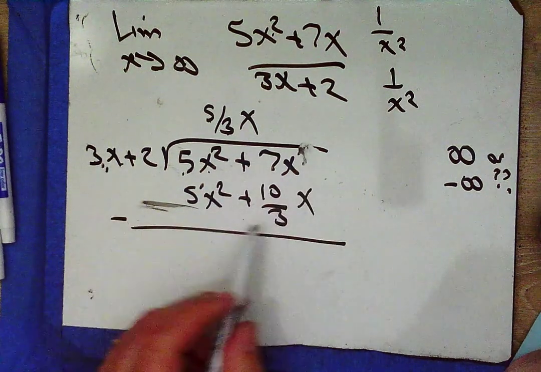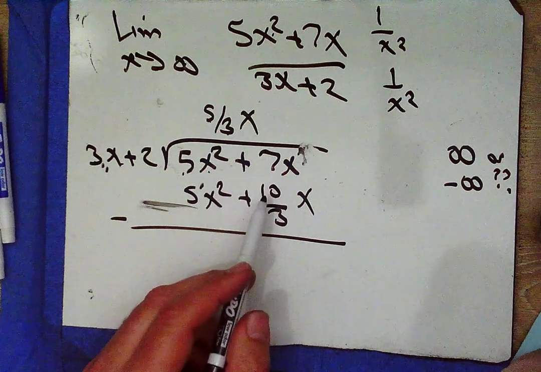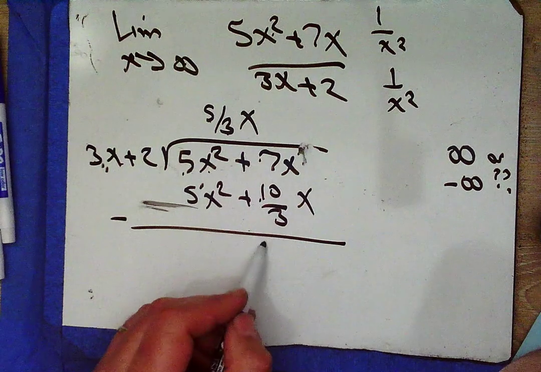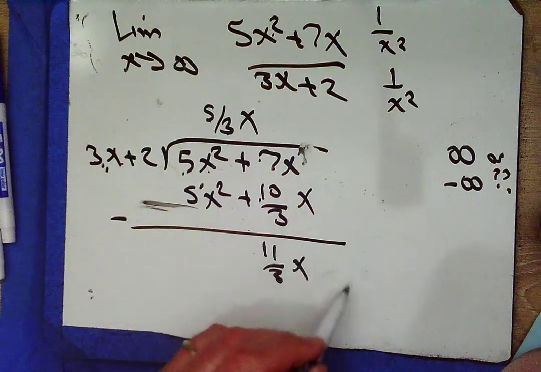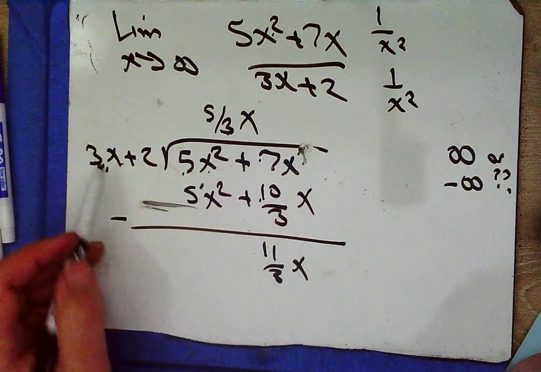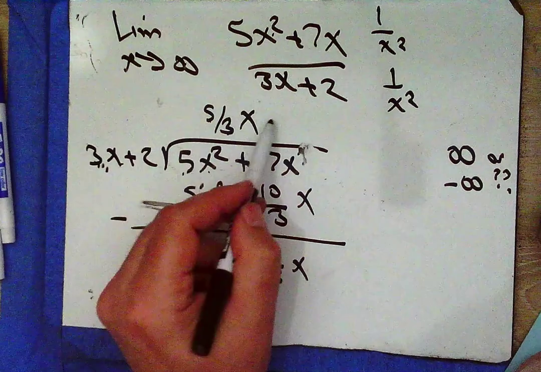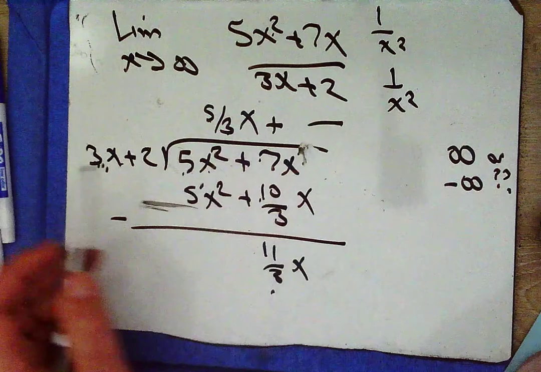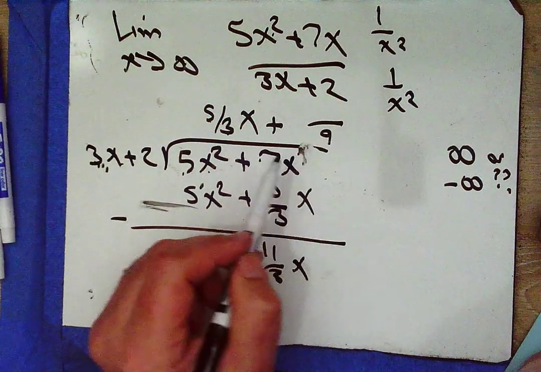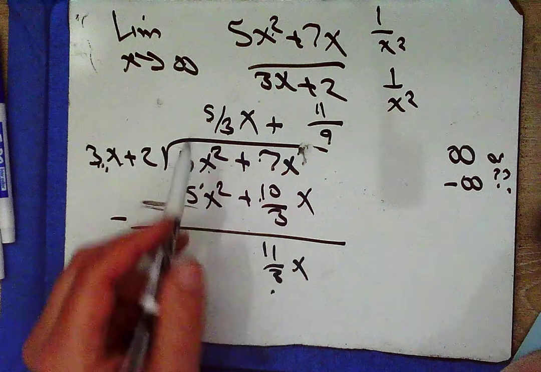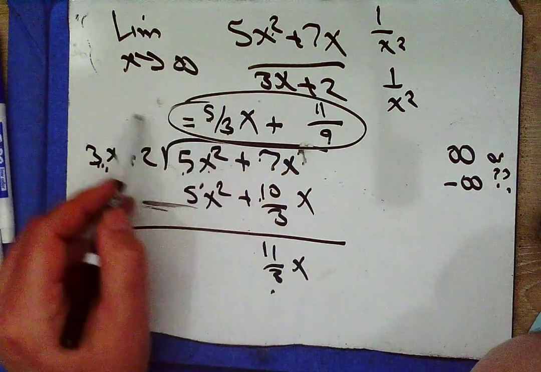And then I would subtract, and I would get 21/3 minus 10/3 is 11/3 x. And what would I multiply this by to turn it into that? Well, I think I'm going to multiply that by a 9 here and an 11 here. Okay, and so that would be my slant asymptote.